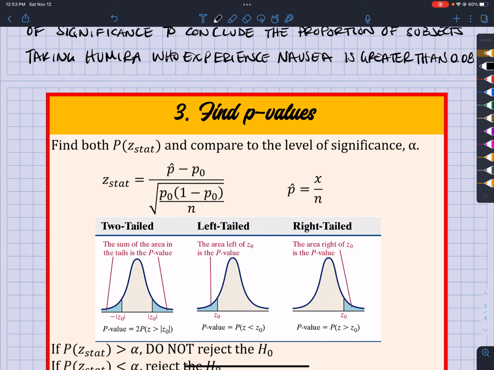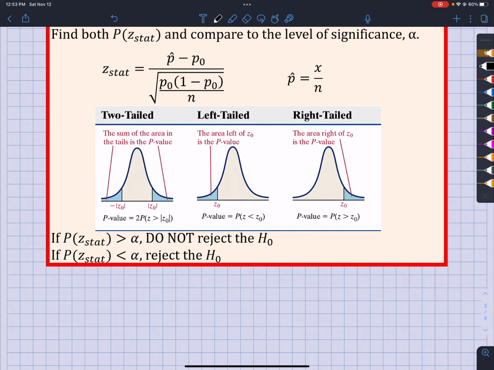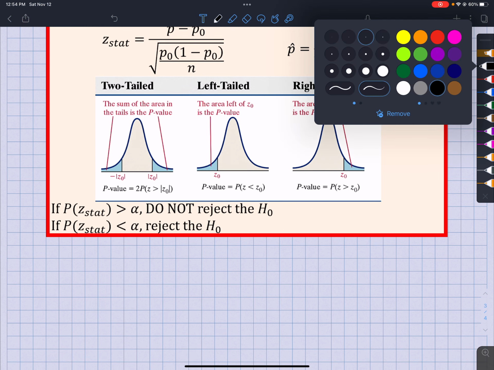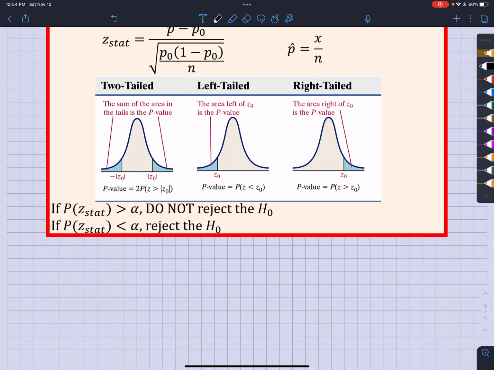Well, to find the p-value, we would be comparing the p-value of the z-stat versus the p-value of the critical. We will have to find the z-value anyways. And since it's a right tail, we're looking at the p-value of z critical, which we already know.